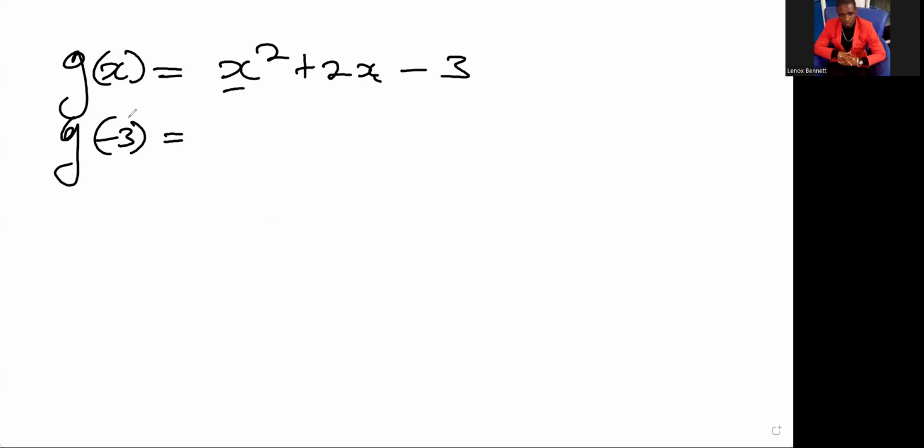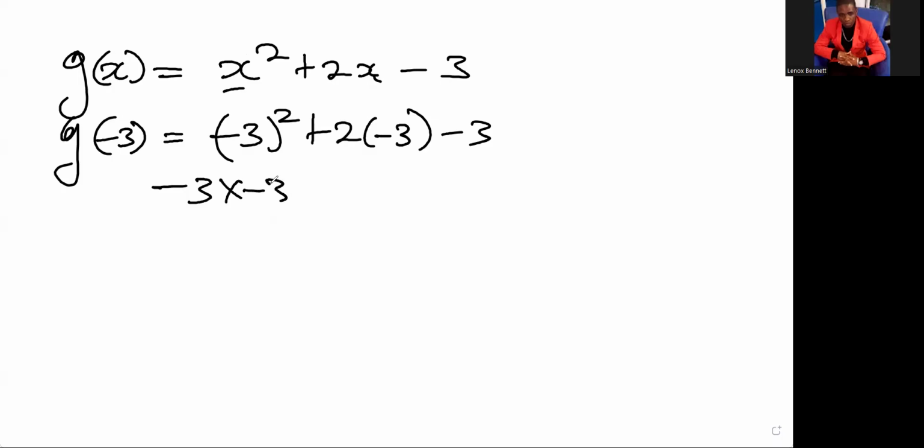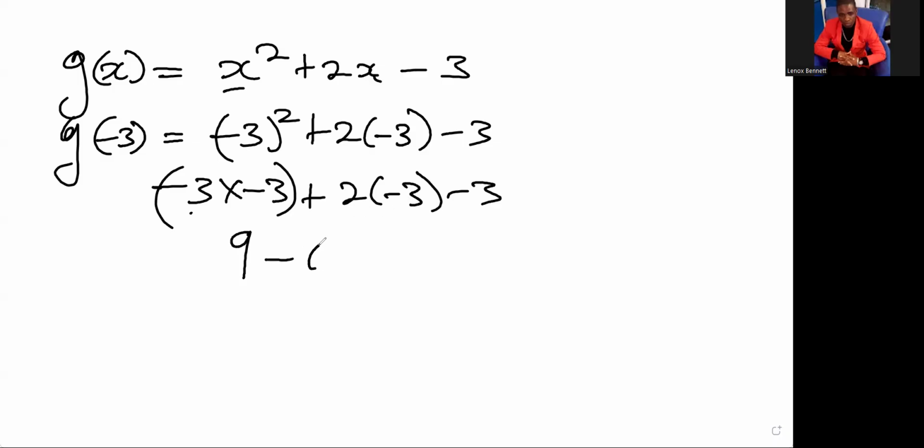Anywhere we see x, we replace it. So it would be minus 3 squared plus 2 times minus 3 minus 3. This means negative 3 times negative 3, which is 9, and then 2 times negative 3 is minus 6, minus 3. That gives 0, right?